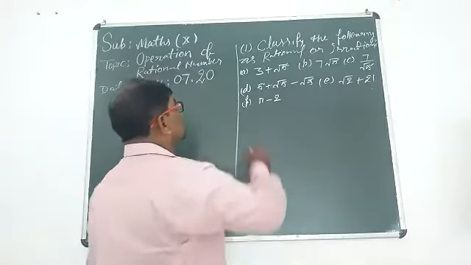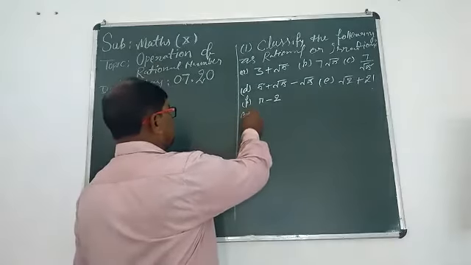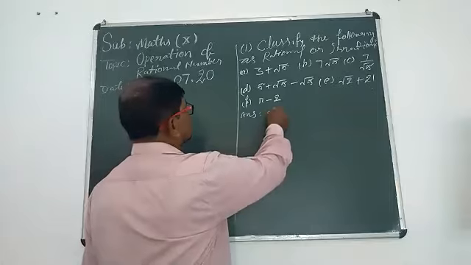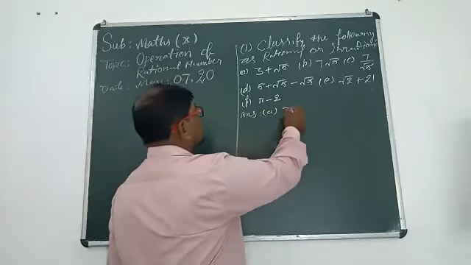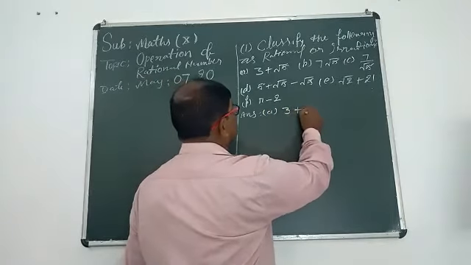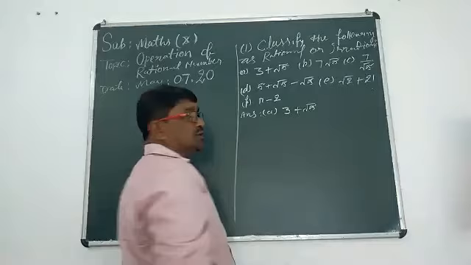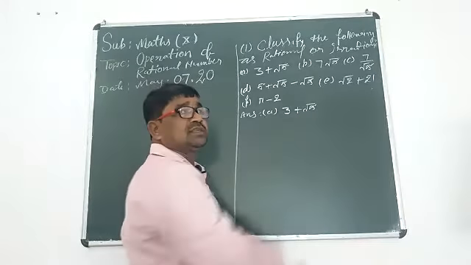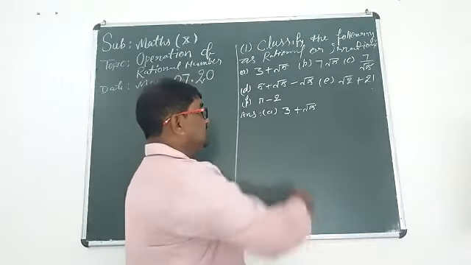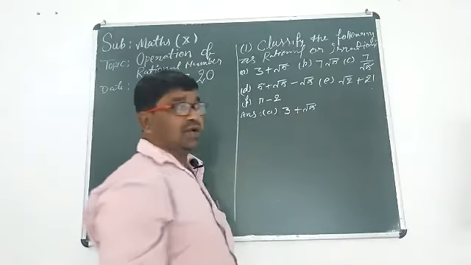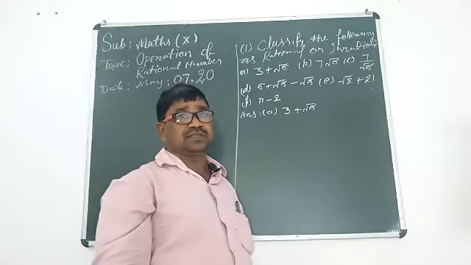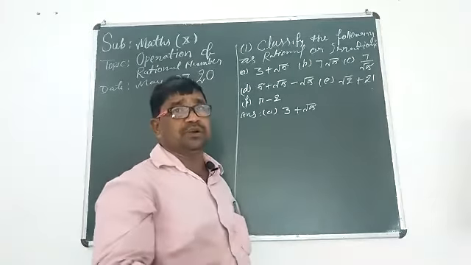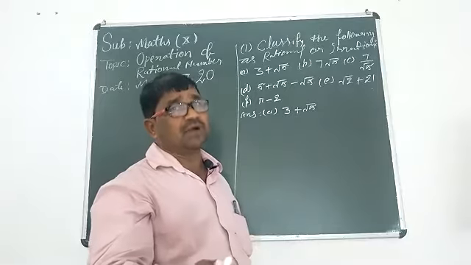Suppose we are thinking about the first problem, 3 plus under root 5. Students, 3 is rational, under root 5 is irrational. After simplification, we get the same number, 3 plus under root 5.